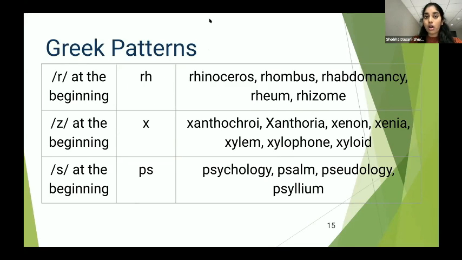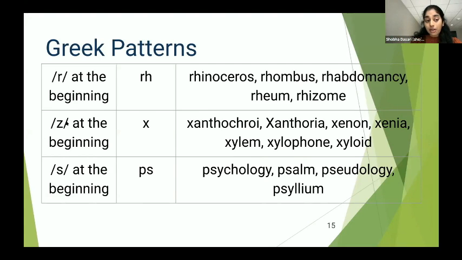These are all spelled with RH instead of just an R. And with Greek, you can get another hint just by knowing roots, like rhizome, riza means root. Rhabdo, I believe, means rod in Greek. And so sometimes you can know by the roots whether it's an R or an RH, but if you get the R sound at the beginning of a word in Greek, it's usually an RH.